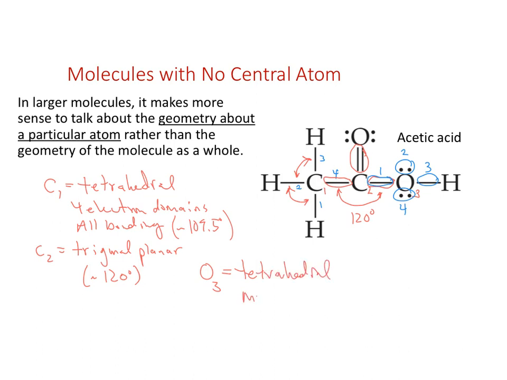And then my molecular geometry would be bent. So approximately bond angles of 109.5. It will be slightly less than that because of the lone pair electrons on oxygen.